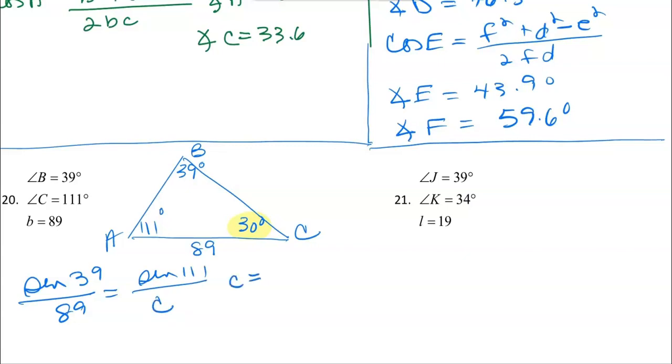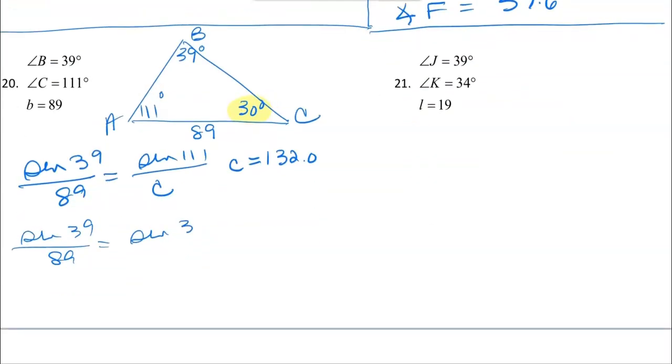Doing your cross products and isolating, I got side C to be 132.0. Okay, and then once I have that, what do I know now? I can go ahead and use that same pairing. So I may have changed my lettering, so give me 1 second.